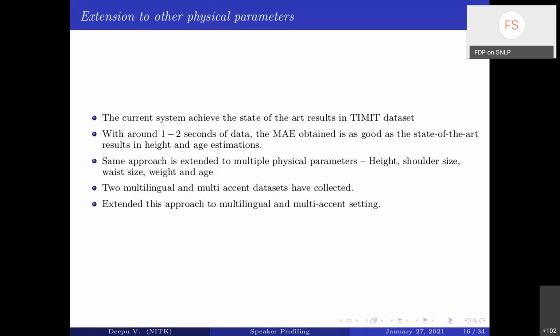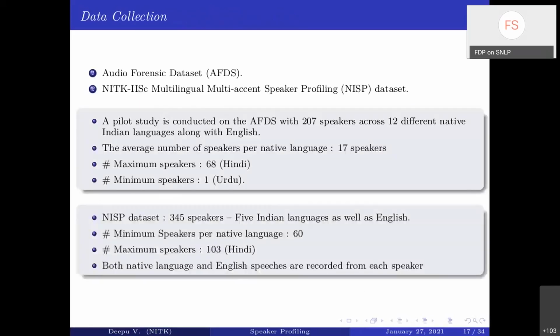Now, looking at the goals that we had, we need to look at multilingual and multi-accent data, and we wanted to look at other physical parameters based on height, shoulder size, etc. So we collected a data set which we call the audio forensic data set, and we had another project with the Indian Institute of Science, and we had a multilingual multi-accent speaker profiling data set.